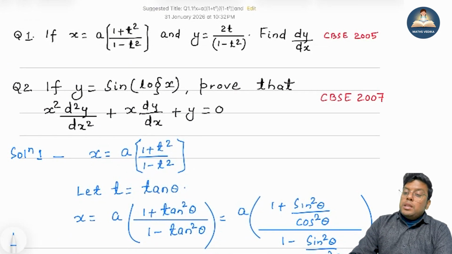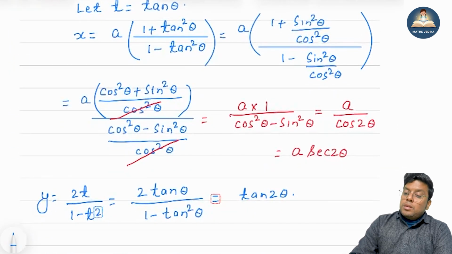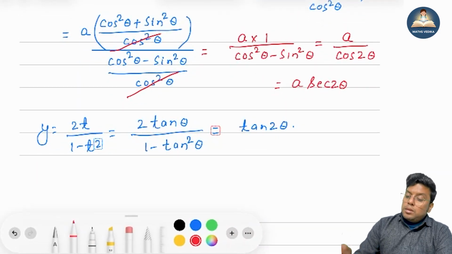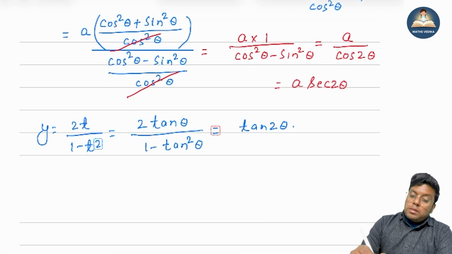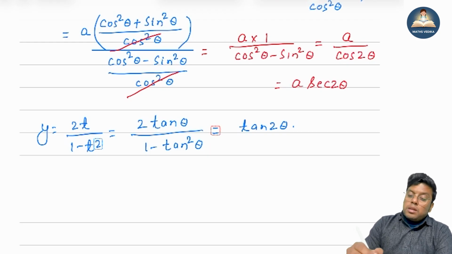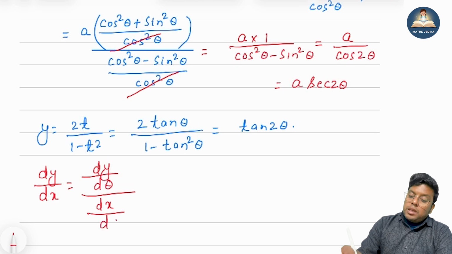Now we have to find dy by dx. As we can see that x and y both are functions of theta, dy by dx will be equal to dy by d theta divided by dx by d theta.